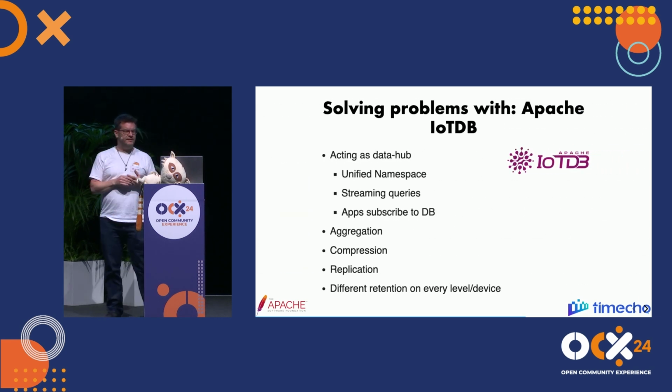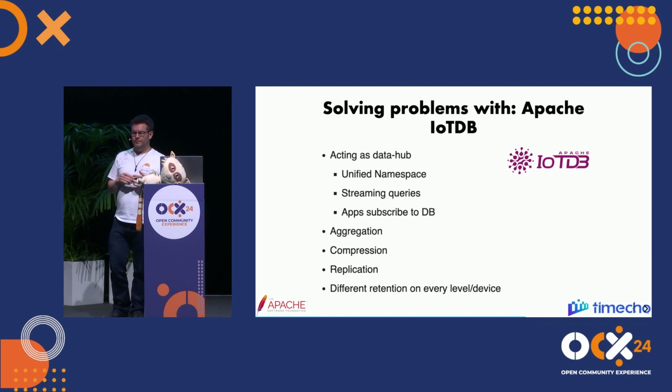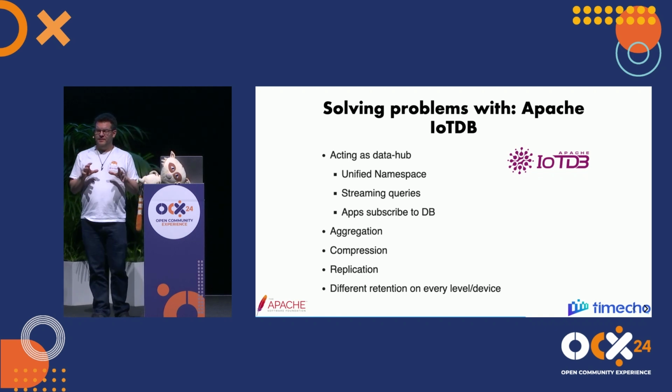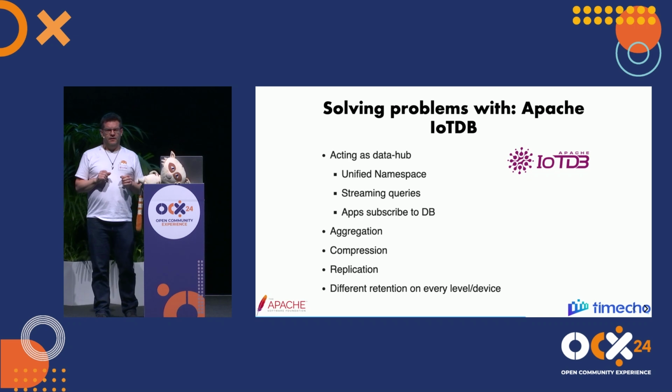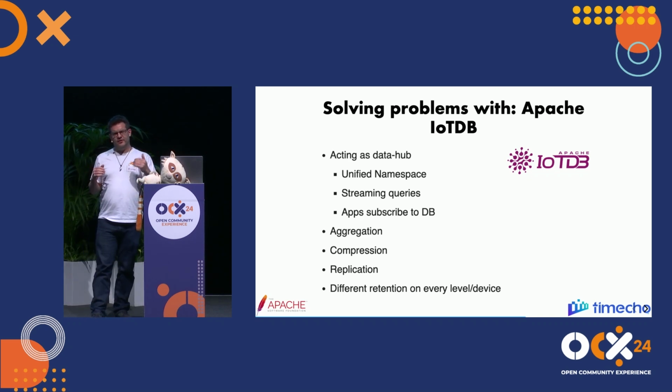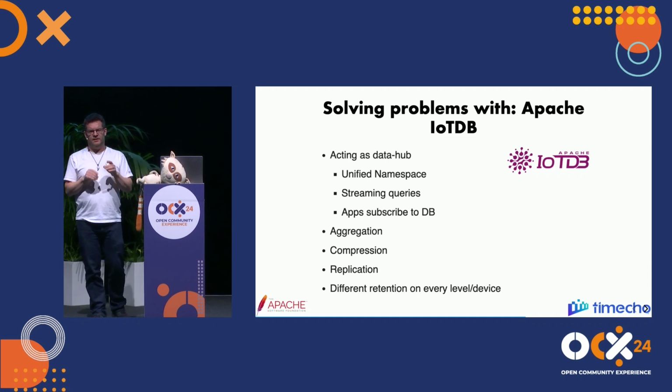And that's where Apache IoTDB comes in. Apache IoTDB is able to act as a central data hub. What you can do with Apache IoTDB is start collecting data and pump the data you're collecting into IoTDB.